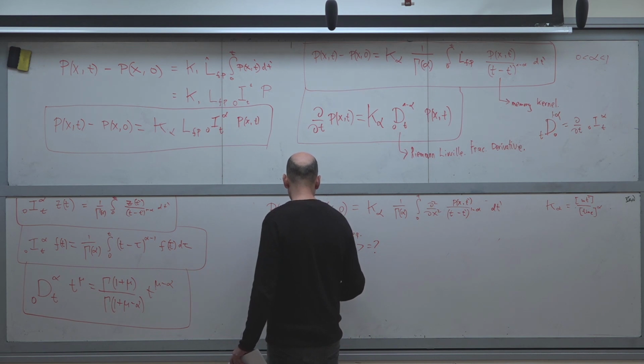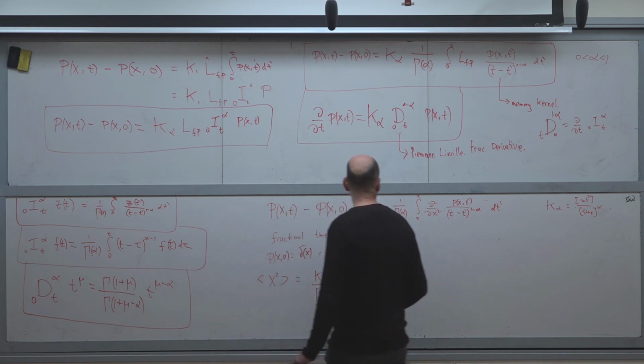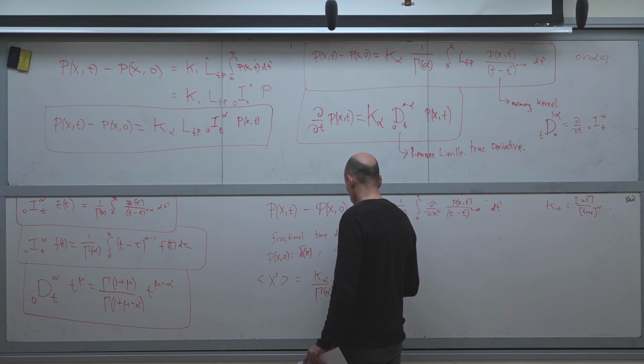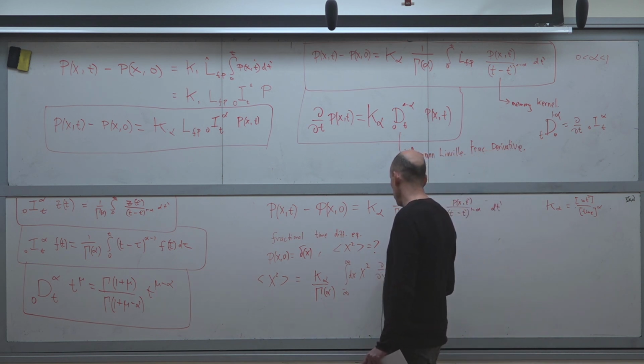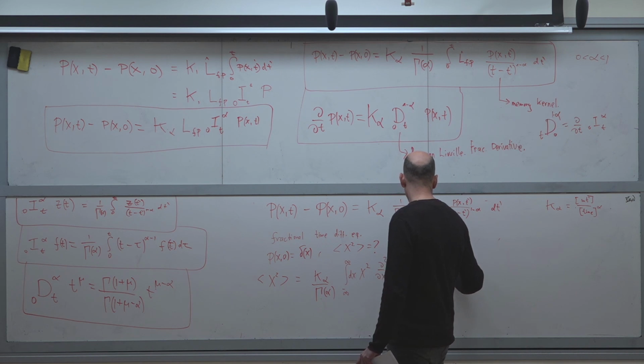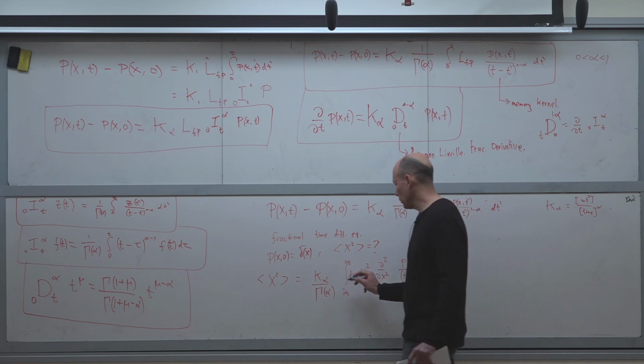This is K alpha, gamma of alpha. Now I need to integrate over all space dx over x squared, because I'm calculating the second moment. Here I have the second derivative, and I have the integral over time.